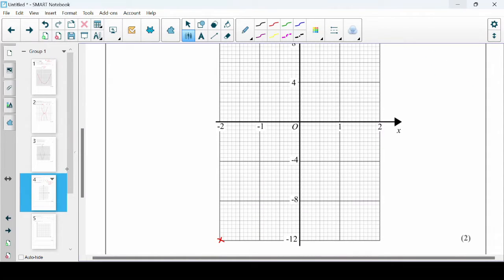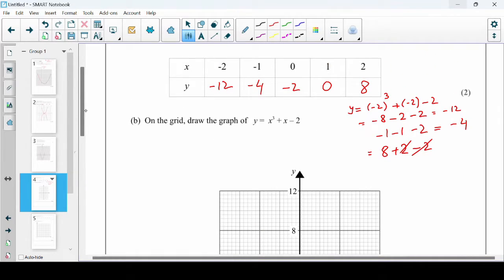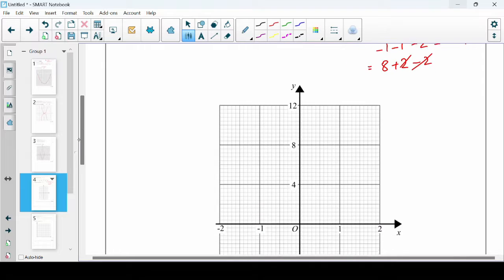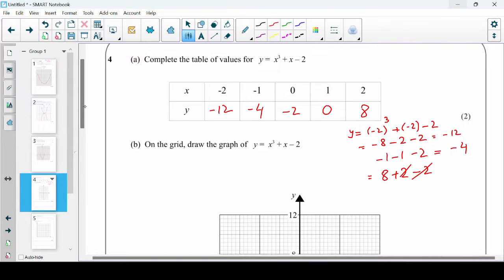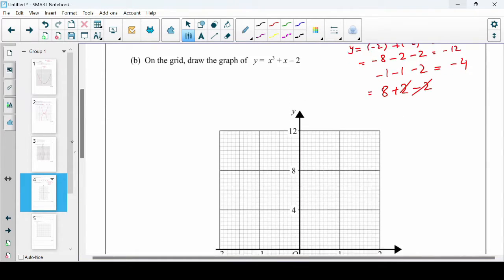With -1 and -4 is this point on the y-axis, and the third point is 0 and -2. So on the x-axis it's 0, and on the y-axis it's -2. So it should be here in the middle from 0 to 4. And the next point is 1 and 0.